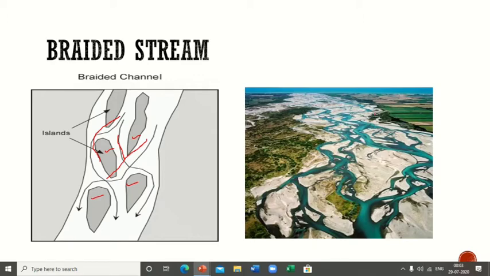The river has divided itself within the channel because of excess of load, because of sluggish flow, because of high load and less capacity of carrying. It is divided, and you can see how the sand bars and islands have been formed. This sort of feature is known as the buried stream.